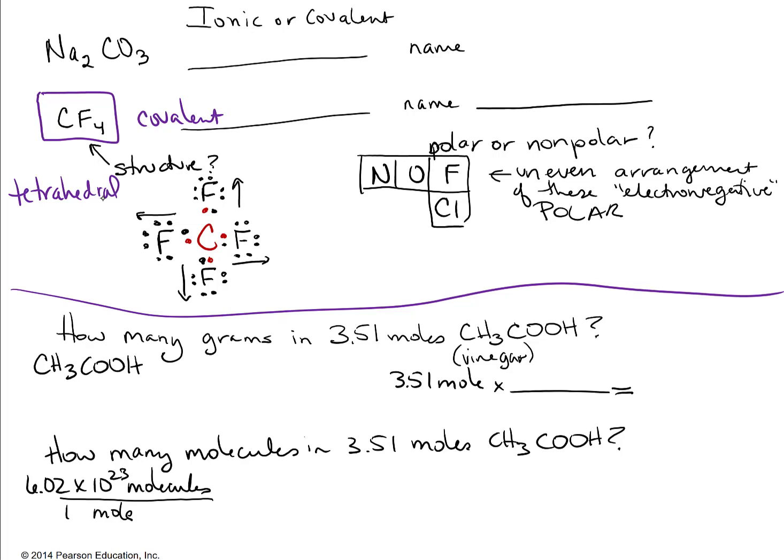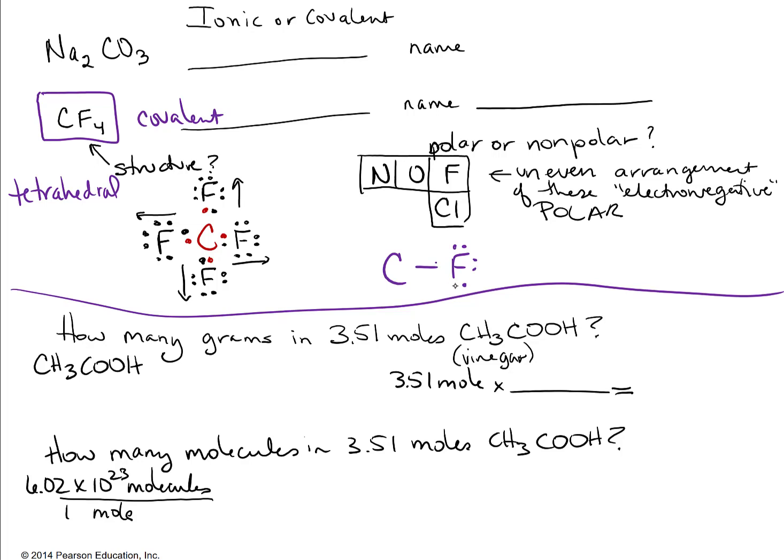Remember that fluorine being in that upper right corner is really the most electronegative. So the fluorines will pull the electrons towards each fluorine, not sharing equally with the carbon. But is this polar or non-polar? If you looked at one bond, if we just compared one to the fluorine, then yes.